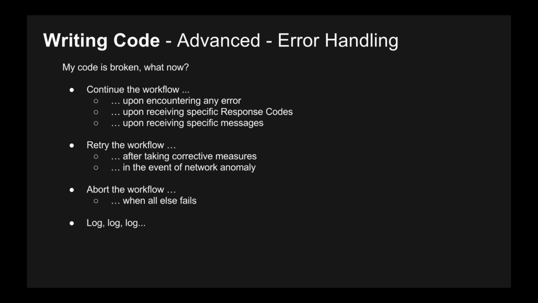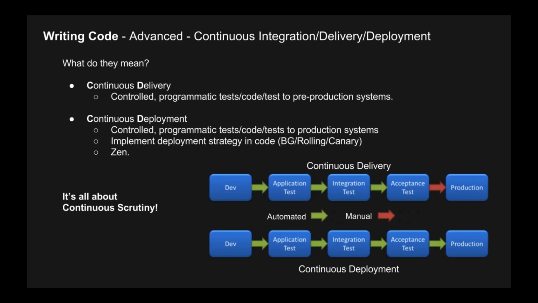And you can make judgment calls on how to continue the workflow or retry it or give up. There are definitely cases where maybe there's some network connectivity issue because it's always the network. And you can make those decisions, but you need to have the workflow in your code to be able to make the right decision. And obviously, the log. I can't say it enough. If you have the information, you can go back and root cause and deduce what the actual issue might be.